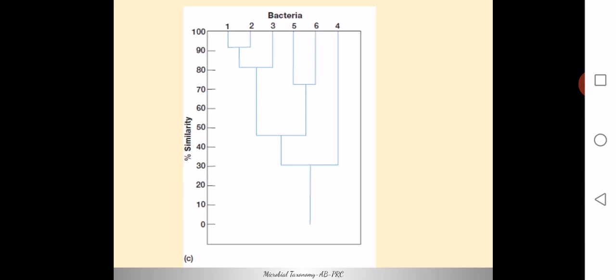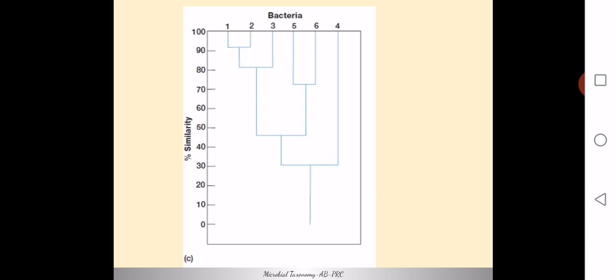So here you can see organisms 1 and 2 are almost 90% similar. They have a 90% similarity. And organism 3 is related to organisms 1 and 2 with 80% similarity. In that way these organisms are related.